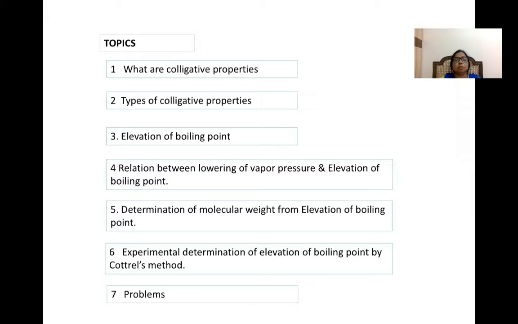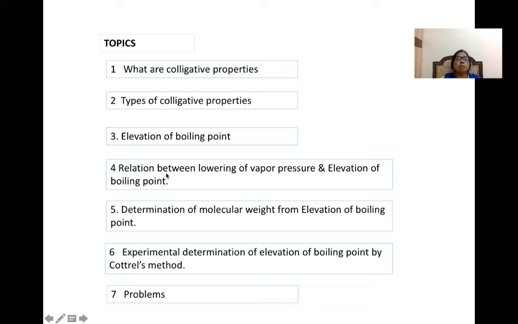So topics to be discussed in this lecture. What are colligative properties? Types of colligative properties. Elevation of boiling point.